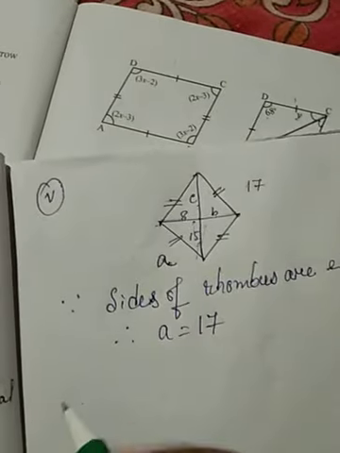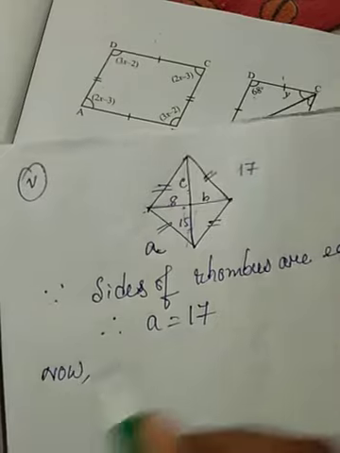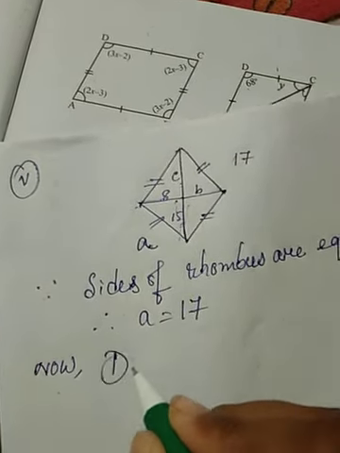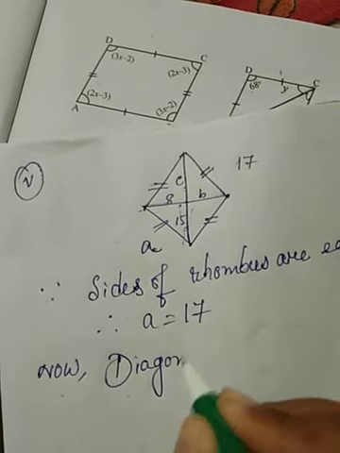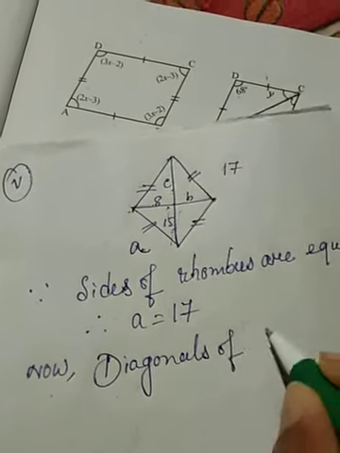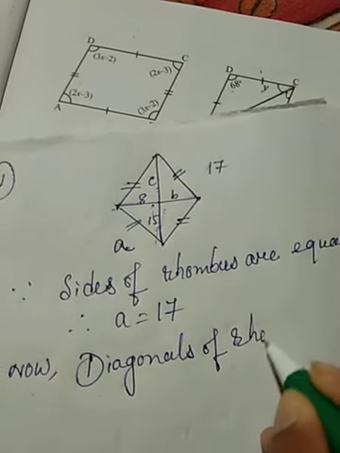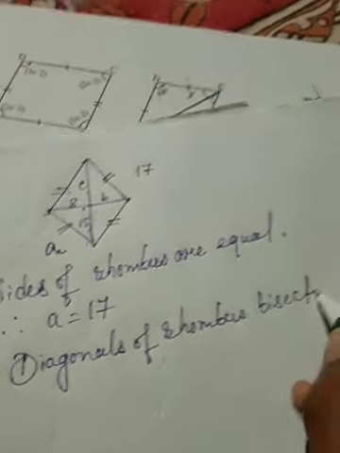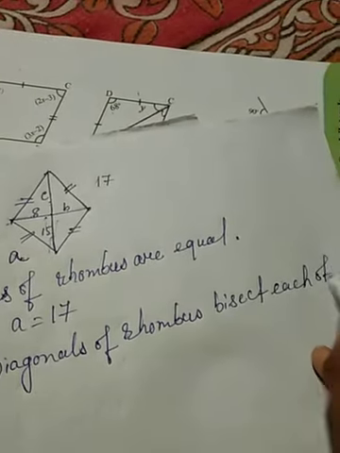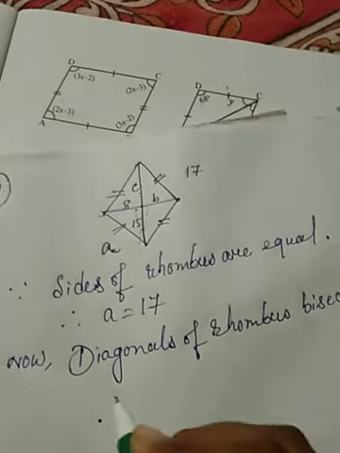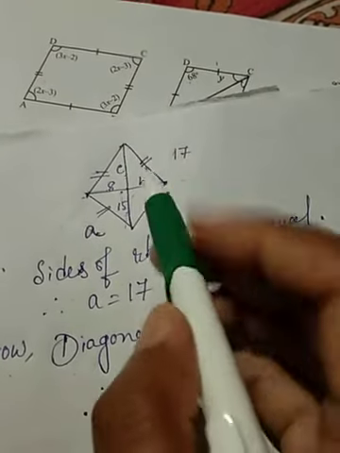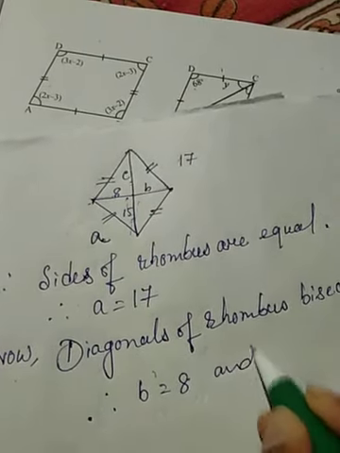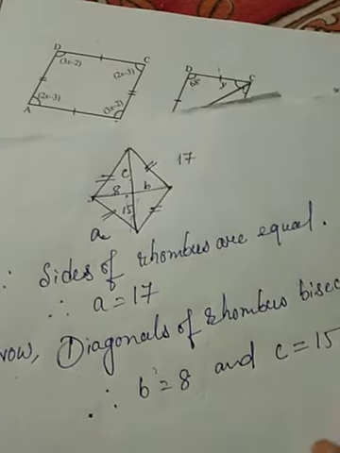Now diagonals of rhombus bisect each other, therefore b equal to 8 and c equal to 15.